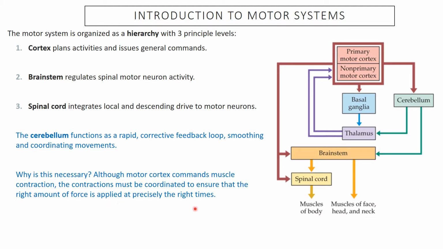So motor commands can issue muscles to induce contractions and relax in a coordinated way, but they have to be coordinated to ensure that the right amount of force is applied at precisely the right times, all depending upon feedback of proprioception, as well as overall external stimuli such as visual stimuli, letting us know the kinds of corrections we need to make mid movement. That's what the cerebellum does.